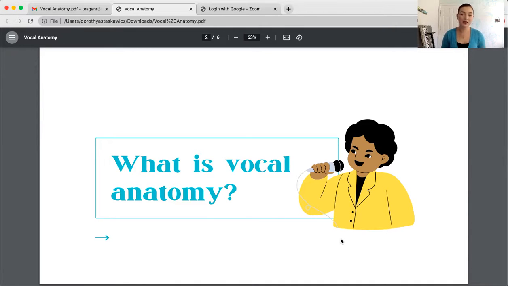But essentially, when we think of vocal anatomy as vocalists or as public speakers, or really anything that requires the voice as a medium to communicate, it's like when a musician learns about the different parts of their instrument. If a saxophonist or a pianist didn't know about the parts of their instrument, they wouldn't be able to play it correctly.